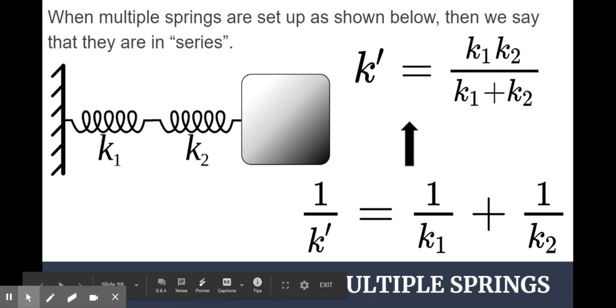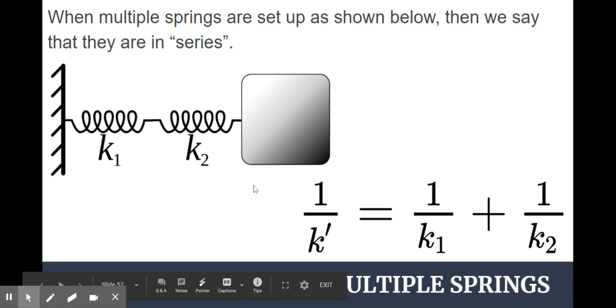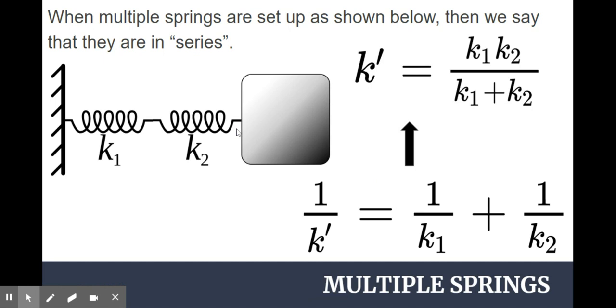Because you've got to remember, this equation that we start with is not the effective spring constant. It's the inverse of the effective spring constant. To figure out the effective spring constant, you have to solve for it, all right? So in this situation, with these two springs set up exactly like this, this is what it's going to end up looking like, all right?